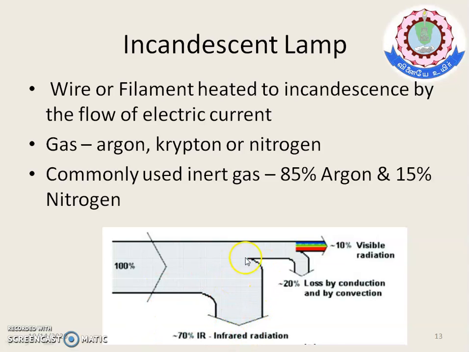So 70% we are wasting, and 20% is lost by conduction and convection, that type of heat energy. 70 plus 20, 90% we are wasting, and the remaining 10% only is visible radiation. That's why nowadays we are not recommending this type of lamp. Even the production is minimized to the extreme minimum level. A very minimum amount of lamps is produced for some testing purposes.